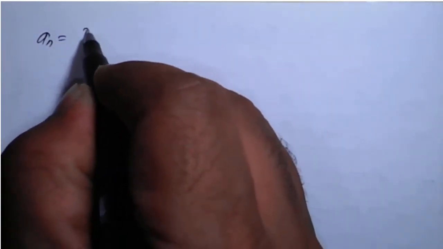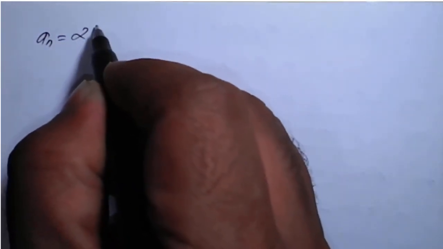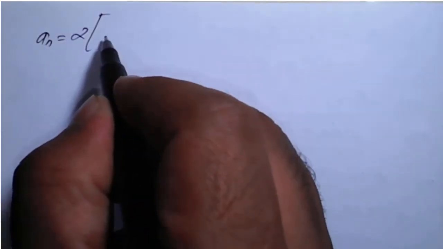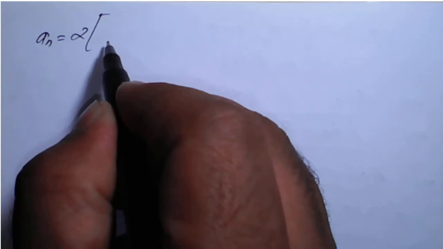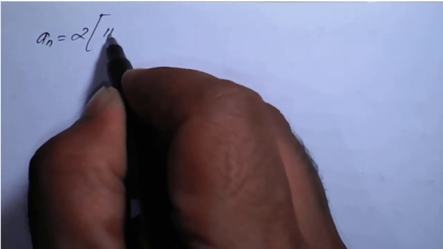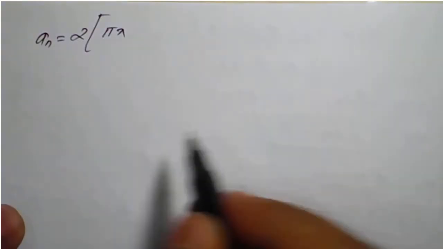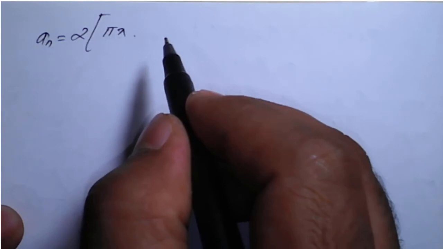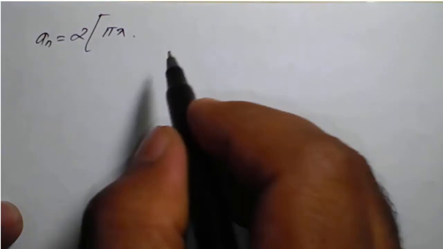So an is equal to 2 in bracket. So we'll keep pi x as it is, because it is the value of u, into integration of cos is what here? Sine.